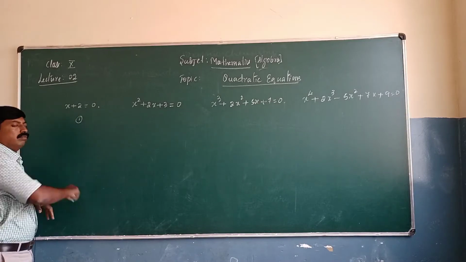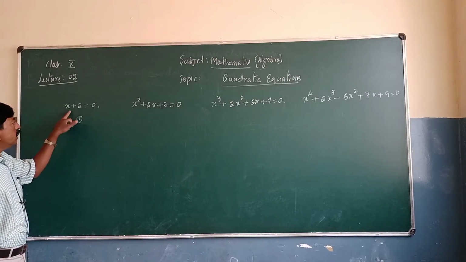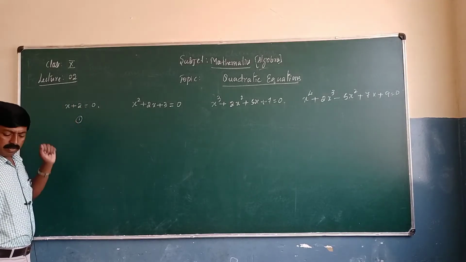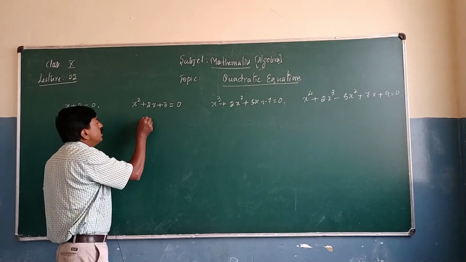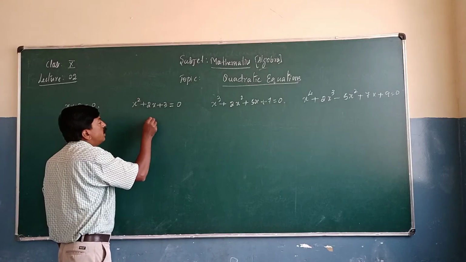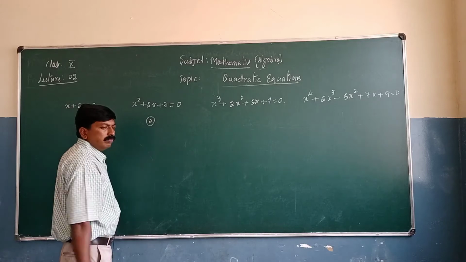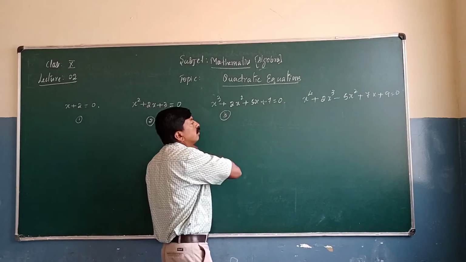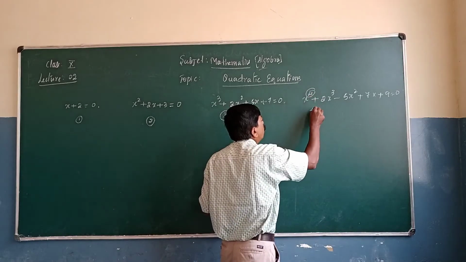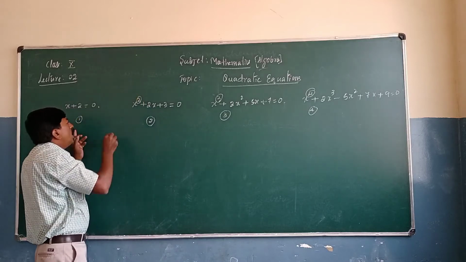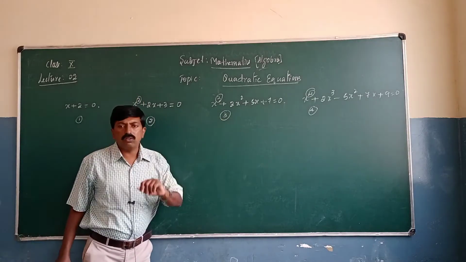In the first equation, the highest power of the variable x is 1. In the second, the highest power is 2. Here the highest is 3. Here the highest is 4. Therefore, 1, 2, 3, 4.